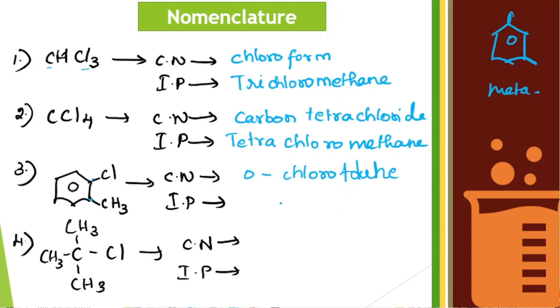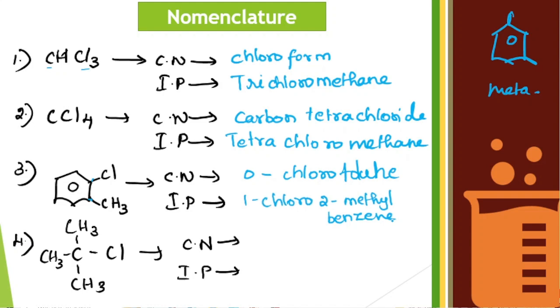The IUPAC name is 1-chloro 2-methyl benzene. You can write it that way, or you can write it as 2-chlorotoluene. Anyway, I am going to write it as 1-chloro 2-methyl benzene.